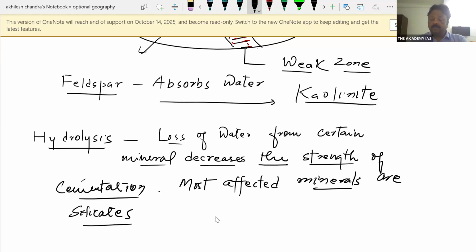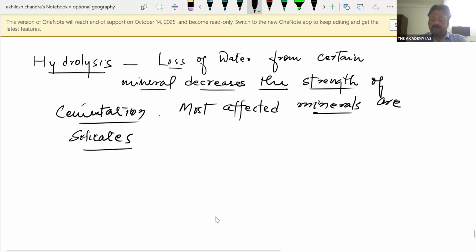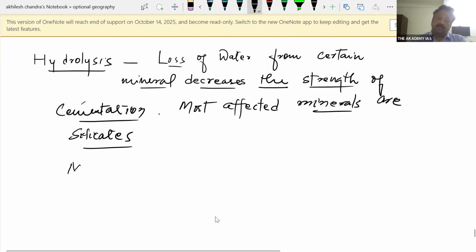Okay. For example, MgSiO2, magnesium silicate.